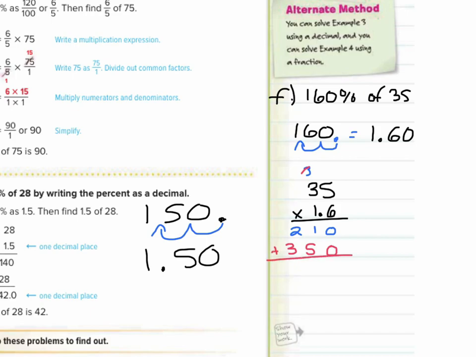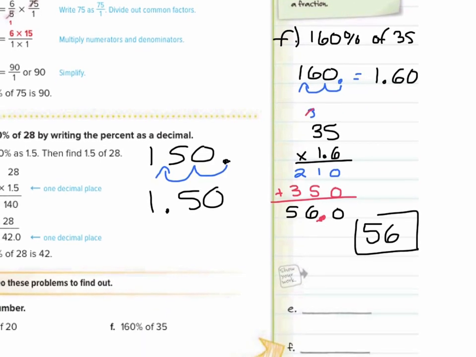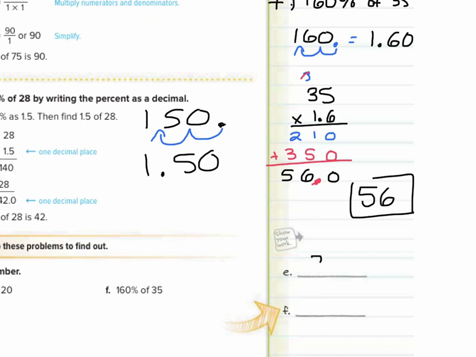Add these up. 0, 6, 5. And now we have one number to the right of the decimal point in the numbers we multiplied, so we need one number to the right in our answer. So our solution here is 56. 160% of 35 is 56. And so our answers: E, 30; F, 56.